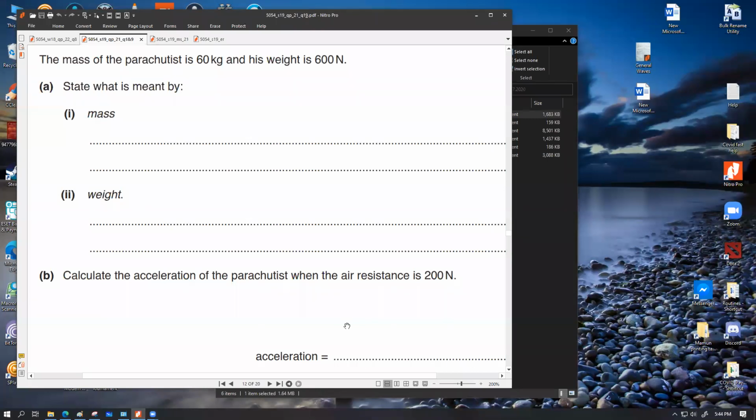Lastly, we will use the formula F equals ma, and that's where we will find the acceleration. That formula F equals ma applies with F as the general symbol, but in this case, because we have two forces involved, we have to use the resultant force. That's how we relate it to 600 minus 200.